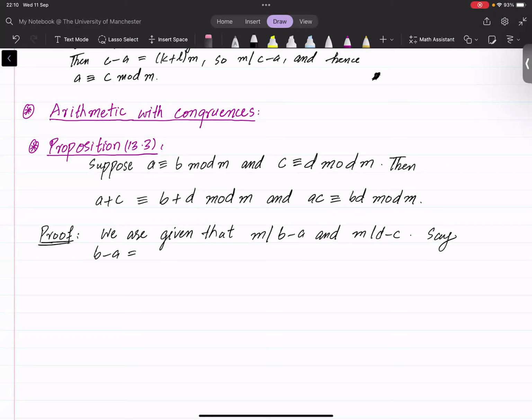Okay, so let's give the proposition, 13.3.